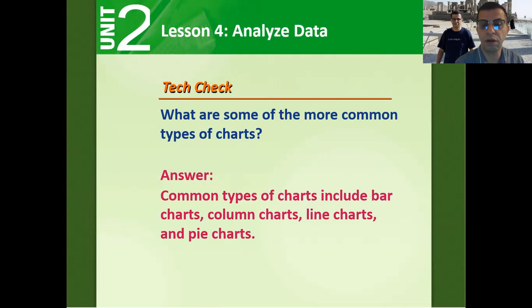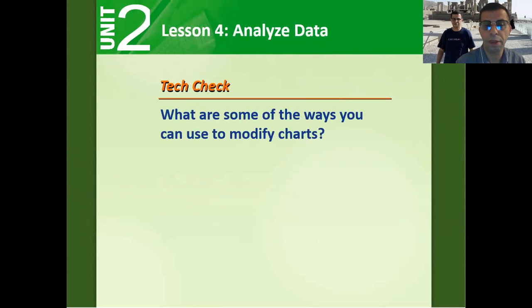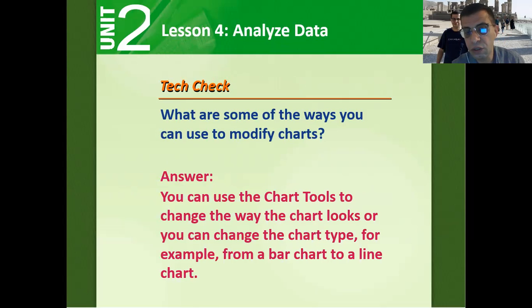We have a bar chart, a column chart, a line chart, and a pie chart. What are some of the ways you can use to modify charts? You can use the chart tools to change the way the chart looks, or you can change the chart type, for example, from a bar chart to a line chart.